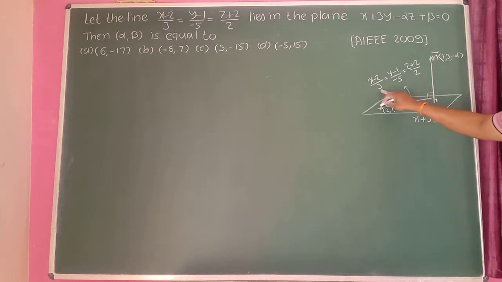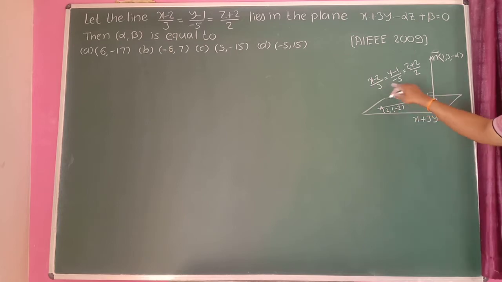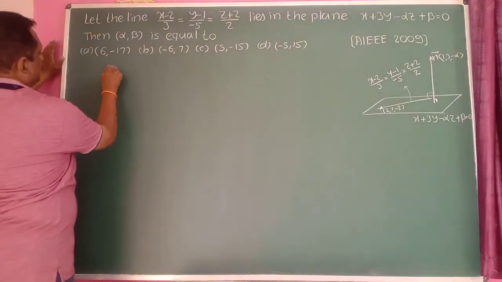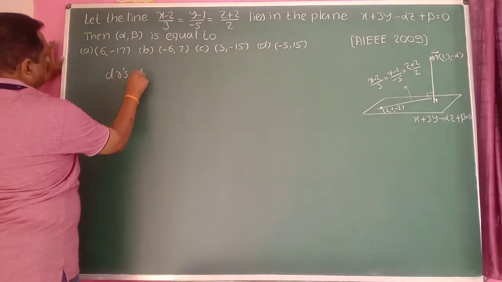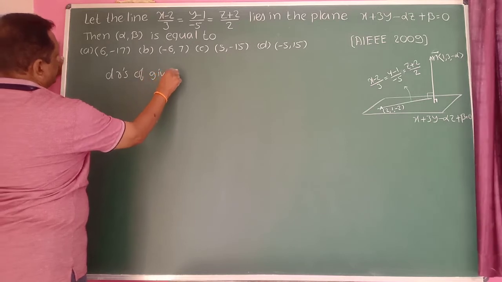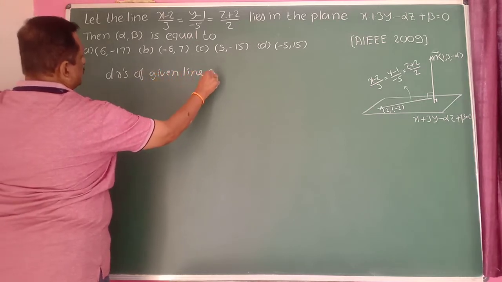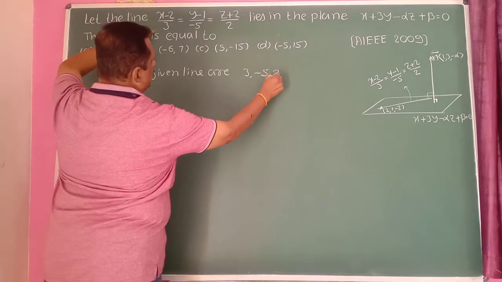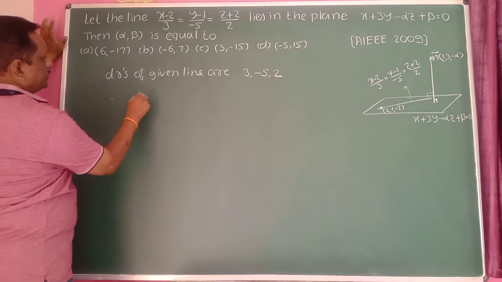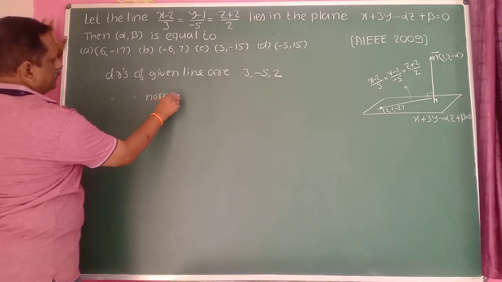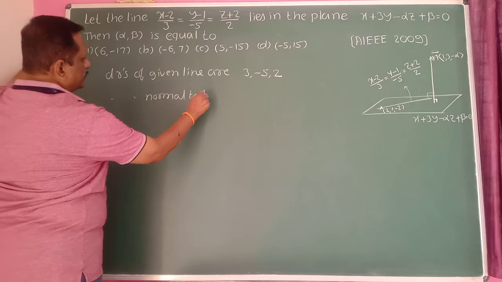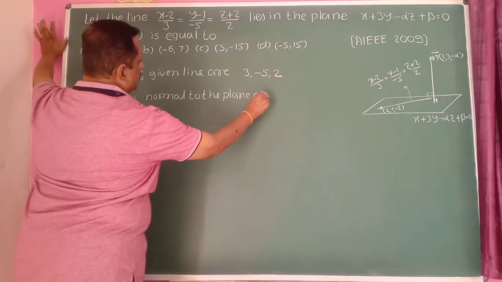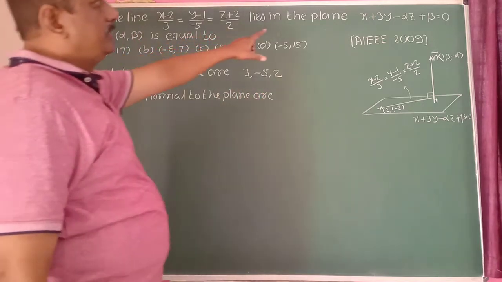Therefore the direction ratios of the given line are 3, minus 5, 2, and the direction ratios of the normal to the plane are 1, 3, minus alpha.